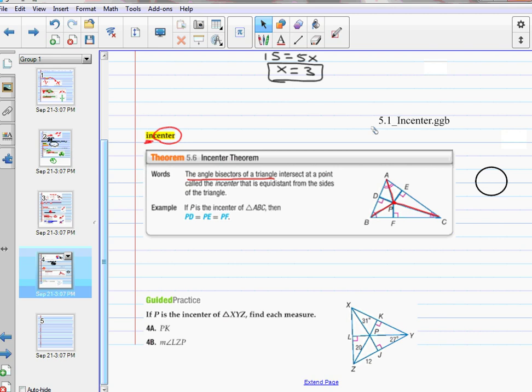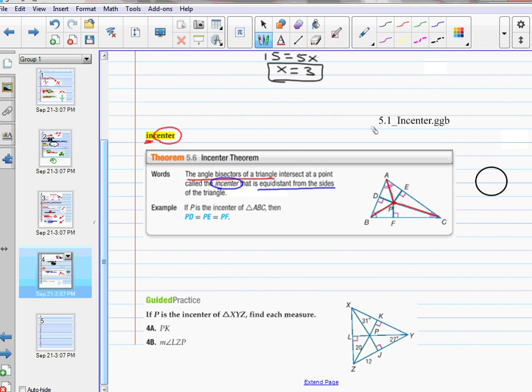Now there's a clue here. The circumcenter was the center point of a circle that circumnavigated the triangle, that went around the triangle. What do you think the incenter is going to do? It's going to be a circle that is inside. And a circle is going to fit inside because that incenter point happens to be equidistant from the sides.